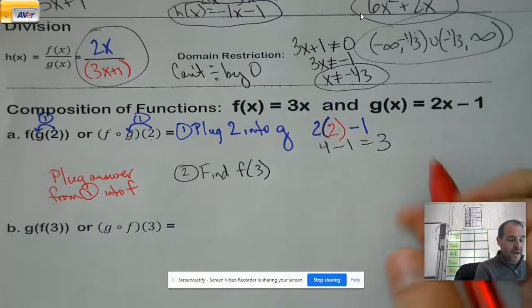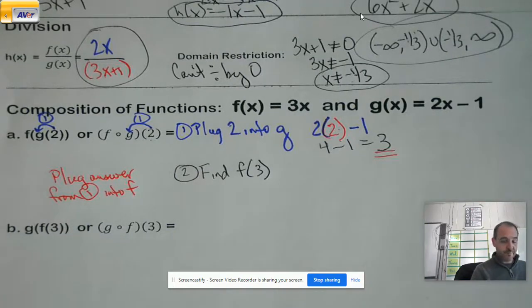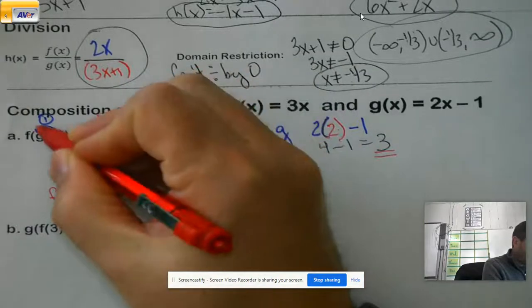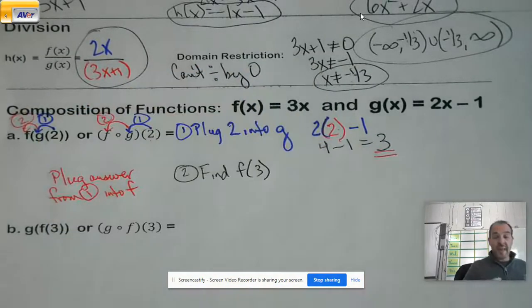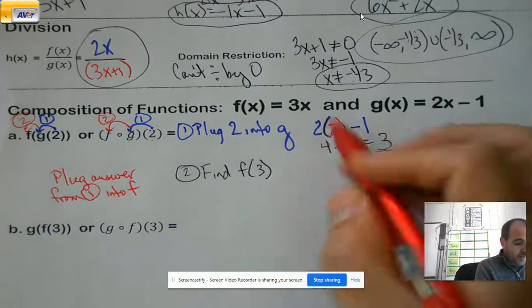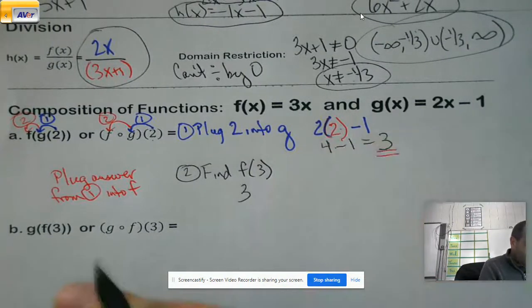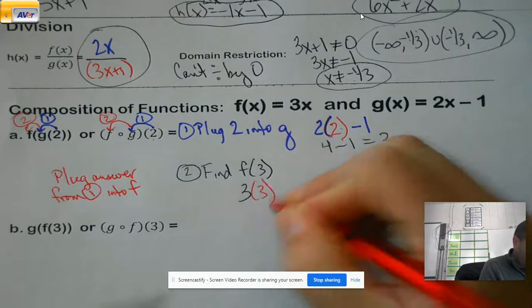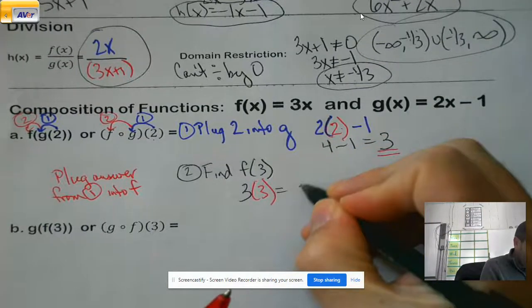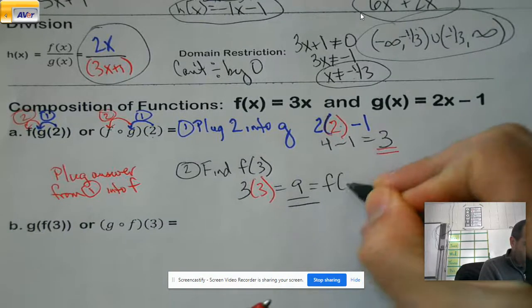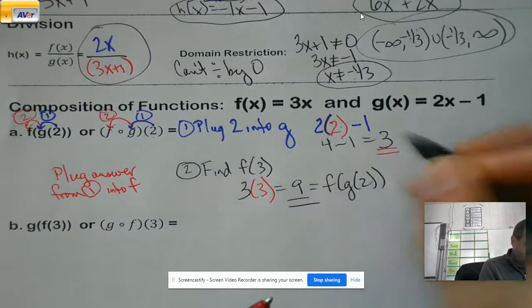So whatever answer I got at the start, we're going to plug that into the next piece. The answer I get in the first part is important because if I screwed up the first part, well, now the whole thing is screwed up. So find f of 3. So here's my f function. So 3 times 3 equals 9. And that's my answer. That would equal f of g of 2.